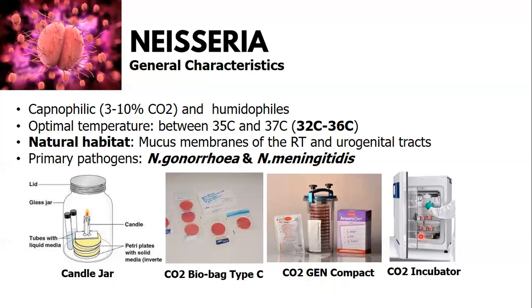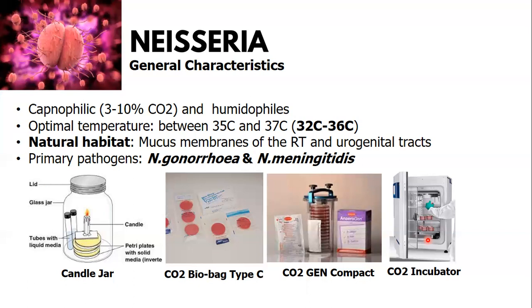And we can also put a pan with water because during incubation, moisture forms in the presence of the water in the pan that is enough to support a humid environment for the growth of Neisseria species.